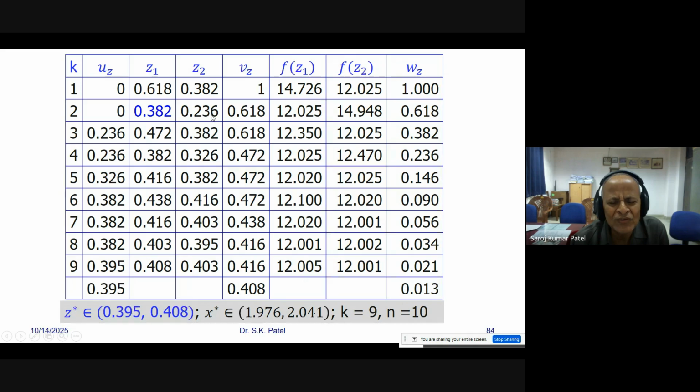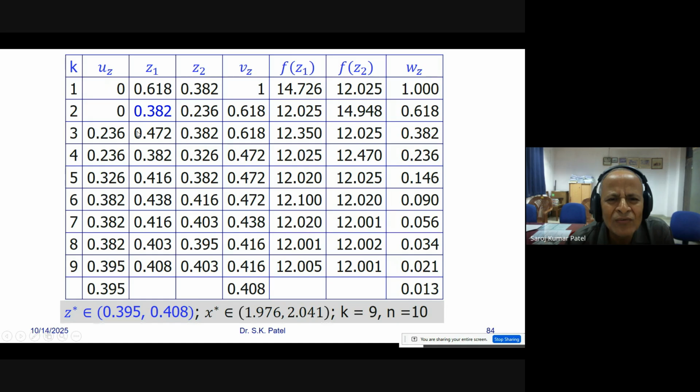But 0.236 is a new point here. So in the second iteration, we need not calculate the function value at 0.382 once again, because it was already calculated in the previous iteration. That's why at every iteration, we have to calculate only one new function evaluation, that is at 0.236.